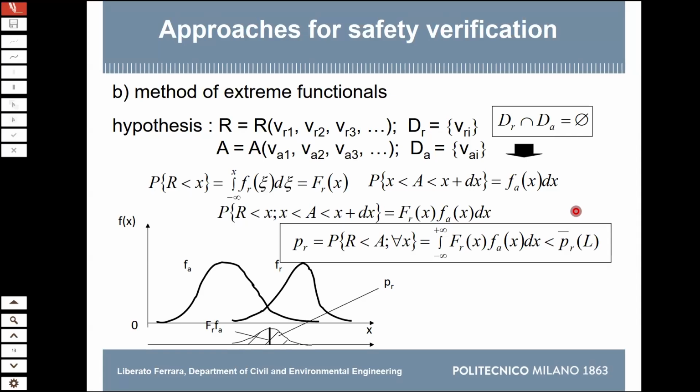And so the area under here is what dictates your probability of failure. So if you keep those two probability density functions farther apart from each other, that area is very low, and it's something that you can accept.